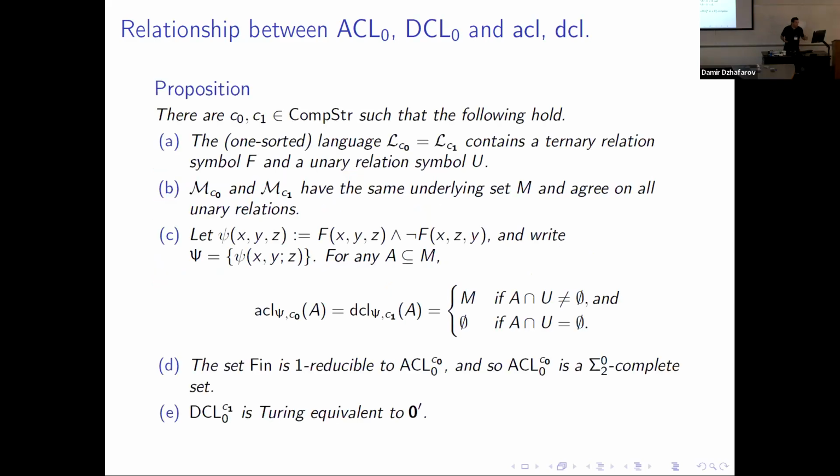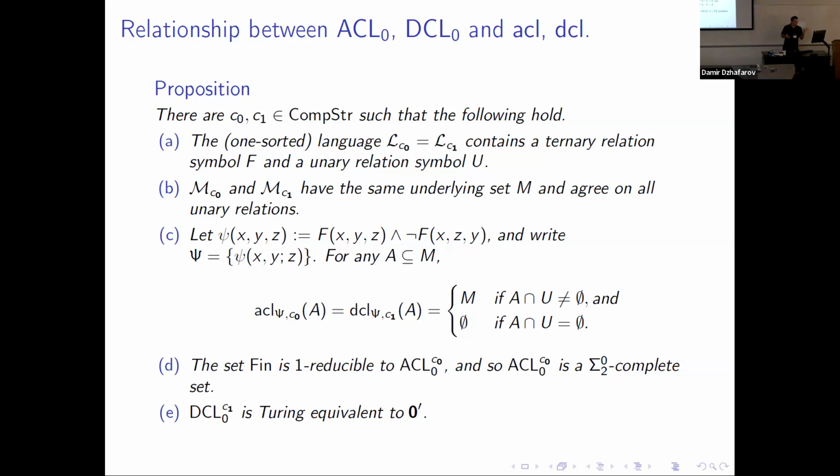All right, so in particular, there are two computable structures, C1 and C2. They have the same language, which contains a single ternary function and a single unary function. So it's a finite language, not particularly complicated. Both of the models agree on the unary relation, so it's only what's going on with the ternary relation where things are going to get interesting.